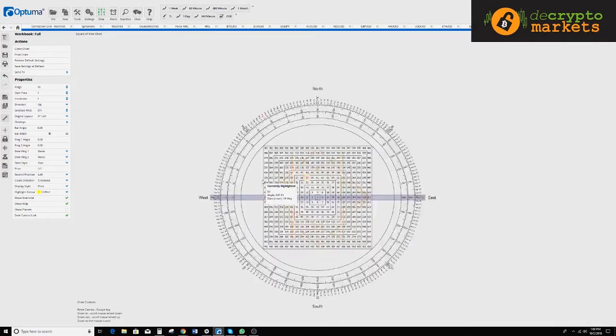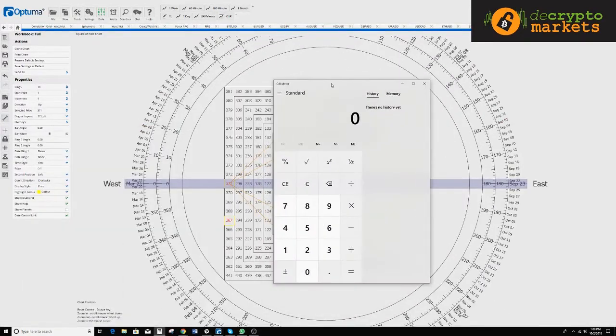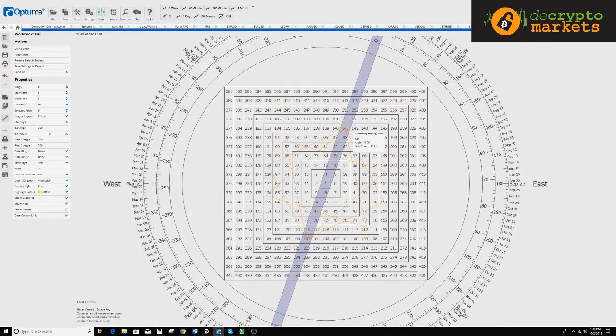So I look for the square root of 19,898. The square root of that is 141. Round it down to 141, and that is right over here. Pretty close to 144 actually. And what's really nice is it's nice to look at degrees from price according to where an important zone is.